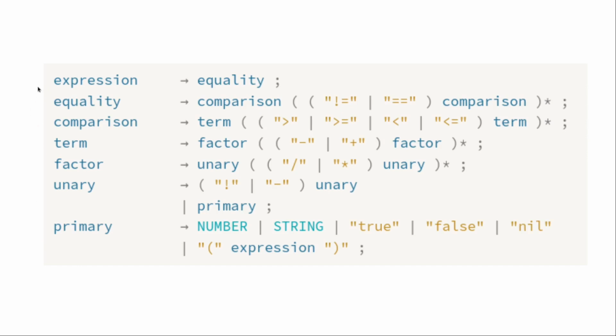So we check for everything at the top first and we keep going down until we hit something that matches our rule. We go from expression, pass it to equality, and then check if it's a comparison, pass it to term, check if it's a factor, check if it's a unary, and then we check if it's a primary, and primary is our base level here. And I'll have an example later on to show what this exactly means.